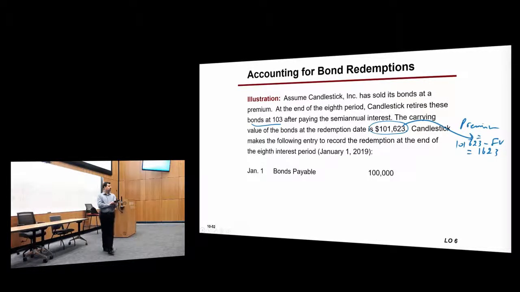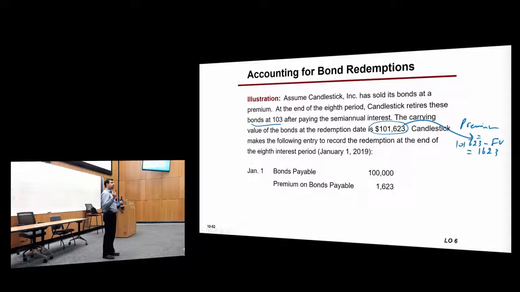Okay? We have premium on bonds payable will be debited because we still have premium that was credited. See, this is like a reversal of when the company issued those bonds. So when the company sold those bonds, what happened?